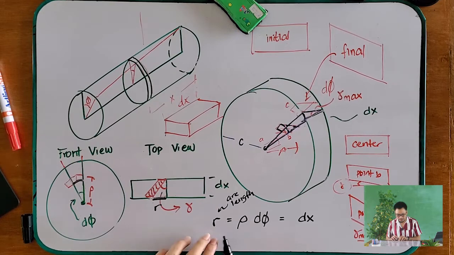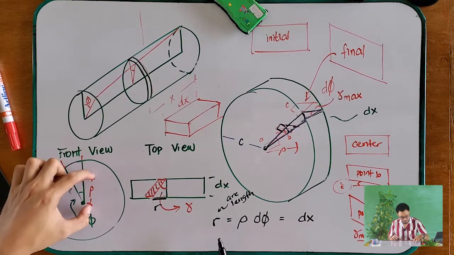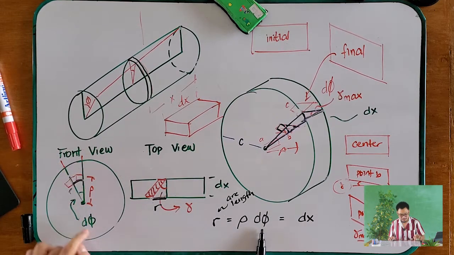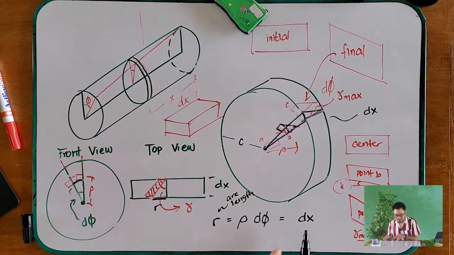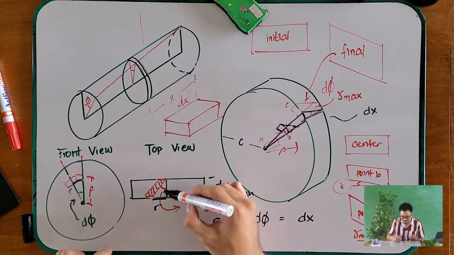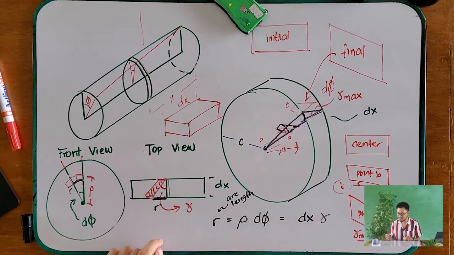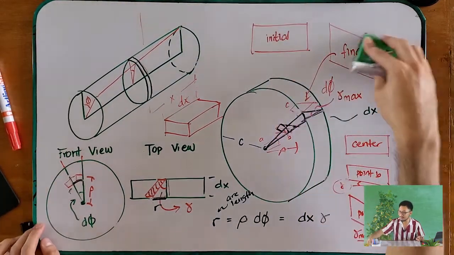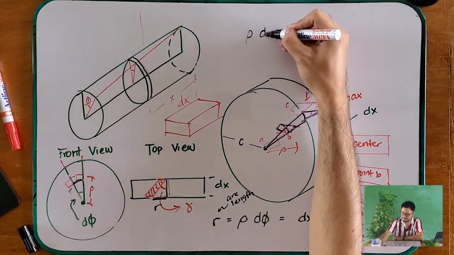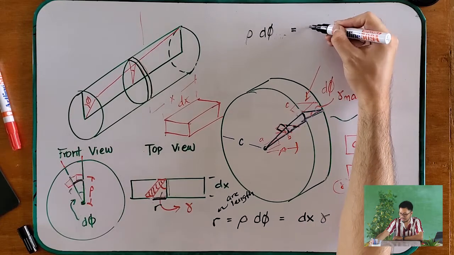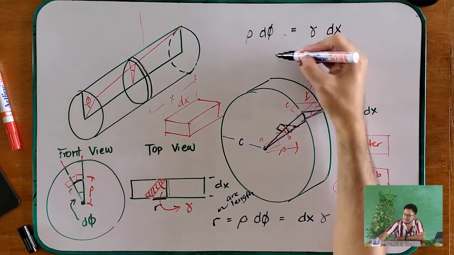And to get your R, here in the front view, rho times your d phi. And since it is the same as this, then here in our other one, dx, which is this one, dx times your gamma. Okay? So therefore, you can equate the two as rho d phi is equal to gamma dx. And ultimately, you will have this equation.